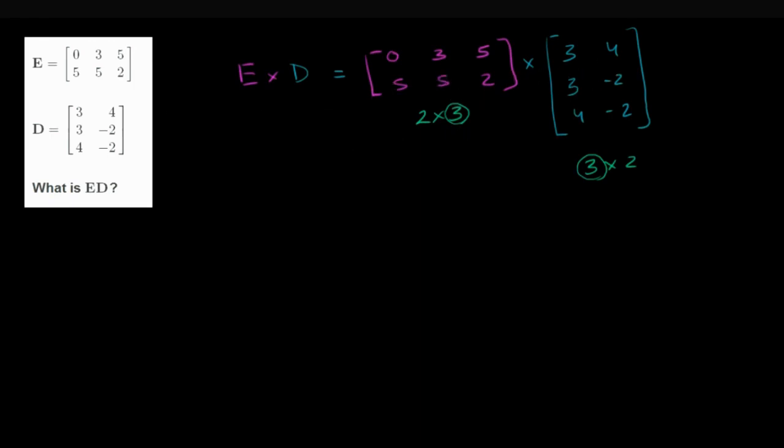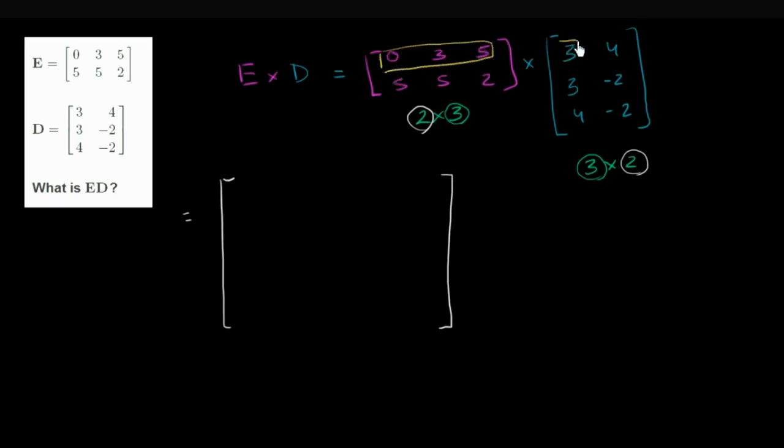So what we're going to get is actually going to be a 2 by 2 matrix, but I'm going to create some space here because we're going to have to do some computation. So this is going to be equal to a huge 2 by 2 matrix here. The top left entry is going to be this row times this column.